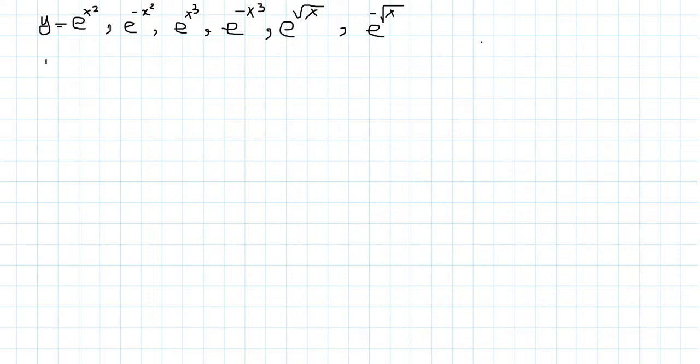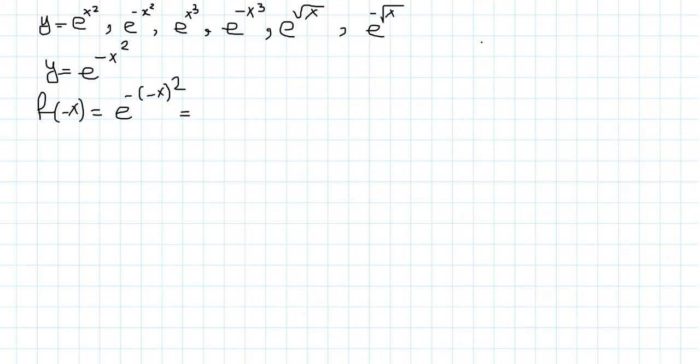We have y equals e to the power of minus x squared. We know it is even again, because if we find f of minus x, it is e to the power of minus x squared.